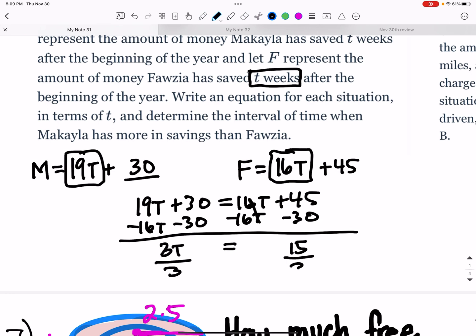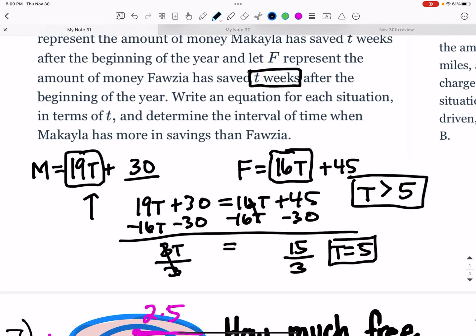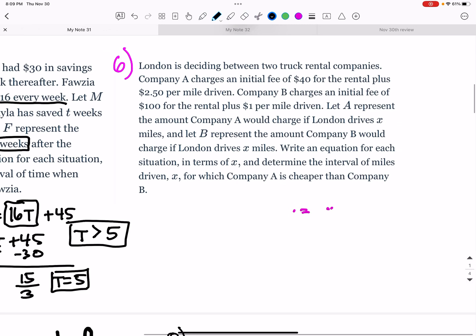Divide by 3, so T equals 5. They're going to be equal in 5 weeks. So Michaela is going to have more money once time is more than 5 weeks.